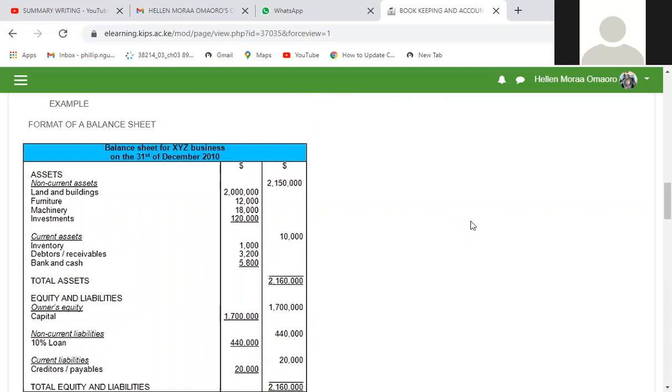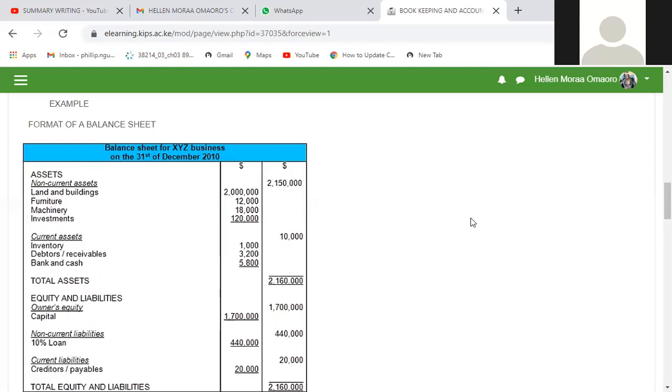So the question is, it's not a must to get the same figures on both sides, that is the assets. Okay. It's not a must. It means you are given figures for the assets, you are being given figures for the liabilities and also capital. In some cases, you cannot be given the capital.